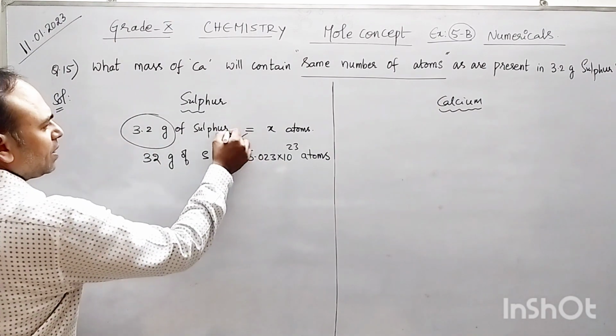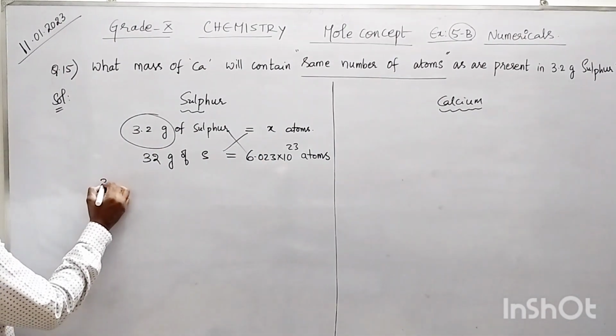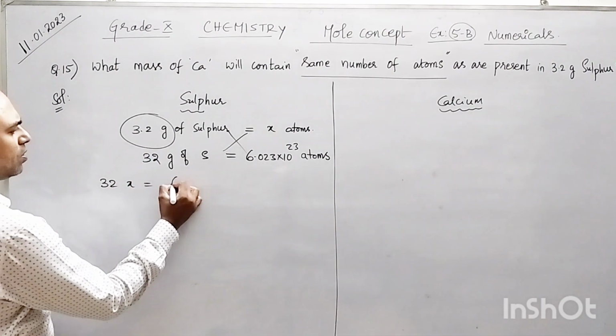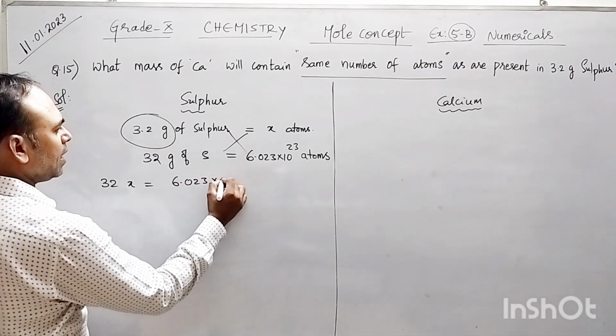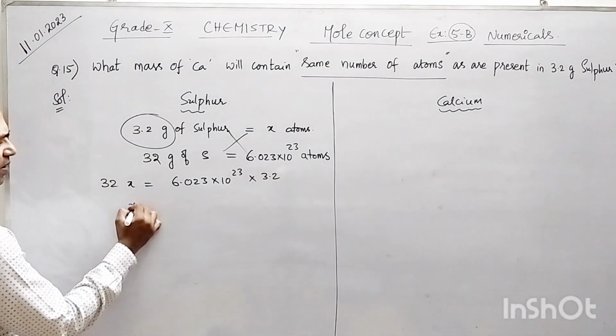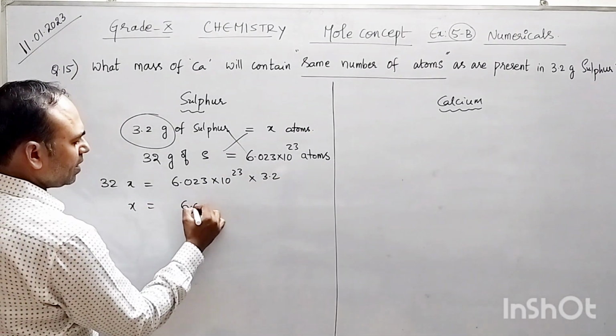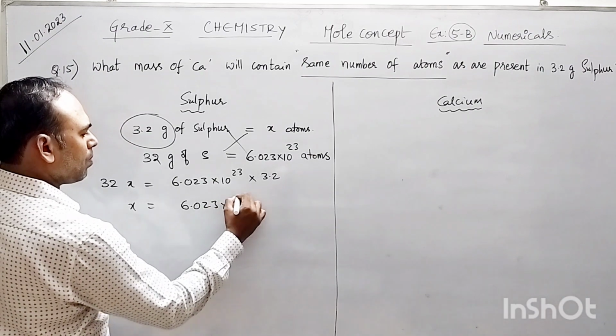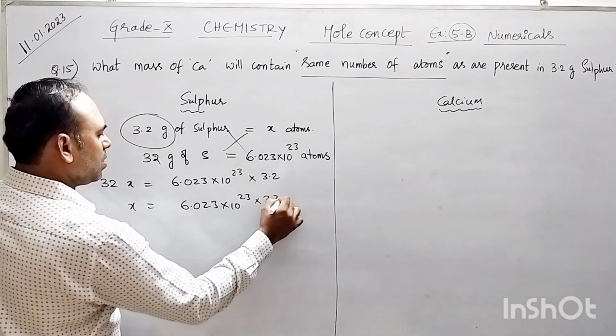On cross multiplication what we get? We get 32x is equal to 6.023 into 10 to the power of 23 into 3.2. Therefore x is equal to this value by 32.